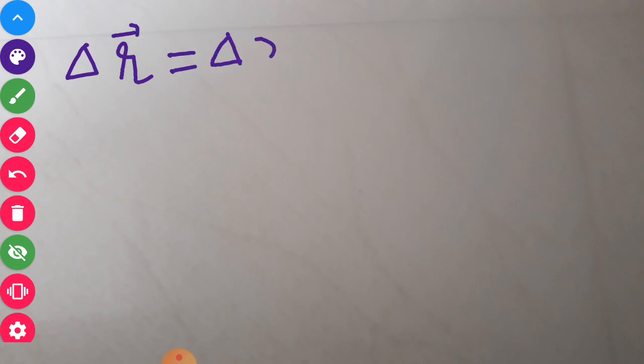Now we can easily understand that delta r, the change in position, is delta x i cap plus delta y j cap.